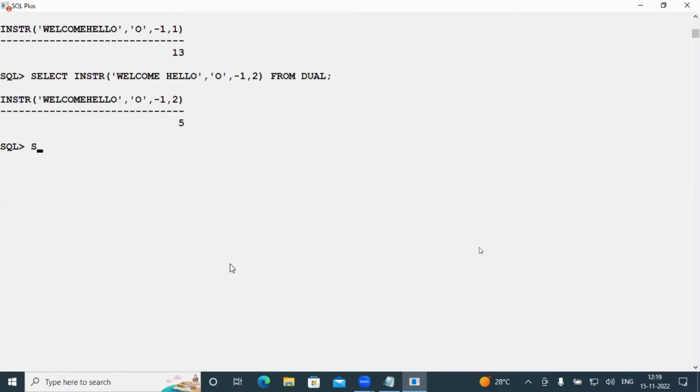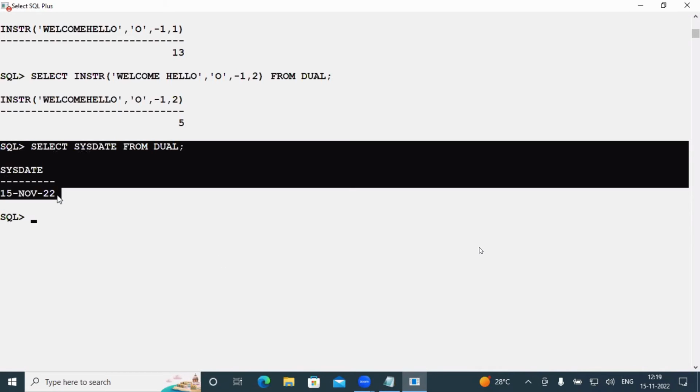Now I'm passing select sysdate from dual. As per my computer, whatever date is showing to me, the same date will be returned for us.